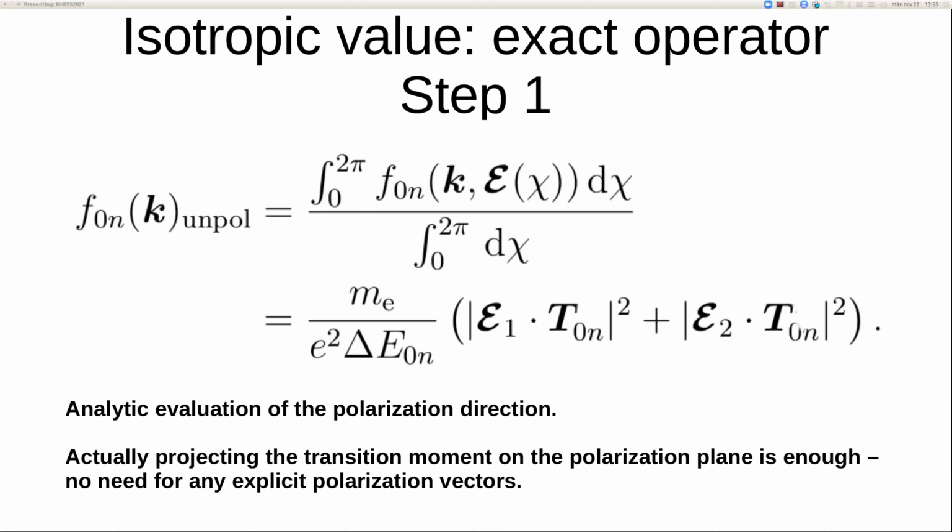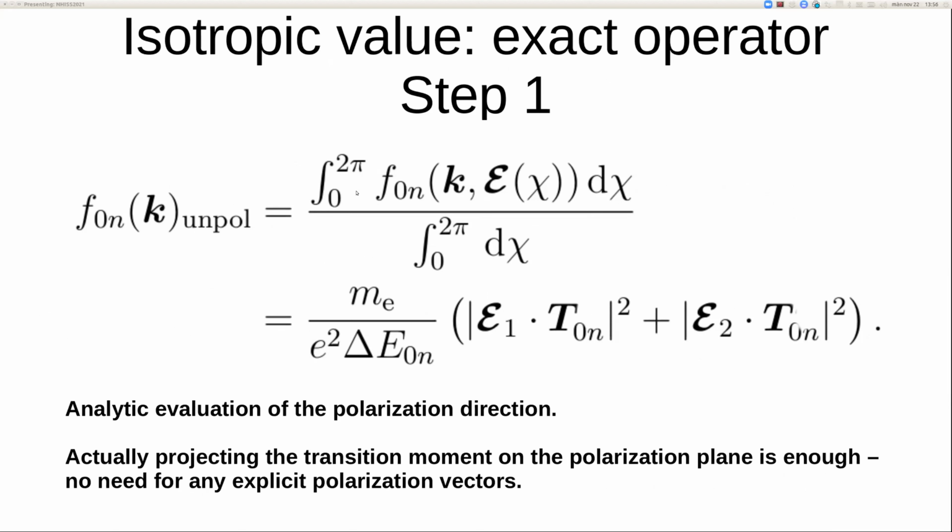So what we proceed with now is to compute this oscillator strength. And the first thing we realize is that if we have unpolarized light, we have to average over the two different polarizations of the light. And if it's truly unpolarized, the polarization direction could be in any direction perpendicular to the k vector.